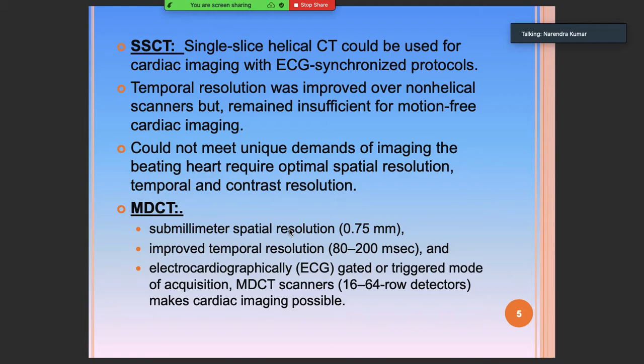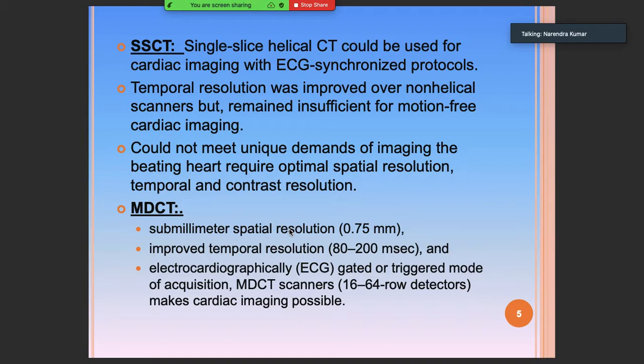This is again an ECG synchronized protocol, and the temporal resolution of course improved quite a lot as well. However, the heart is big, yes, but not so big. So it still had problems with spatial resolution, temporal resolution, and also contrast resolution. So that's why single slice helical CT improved into multiple slice.